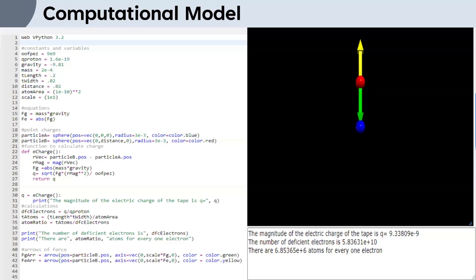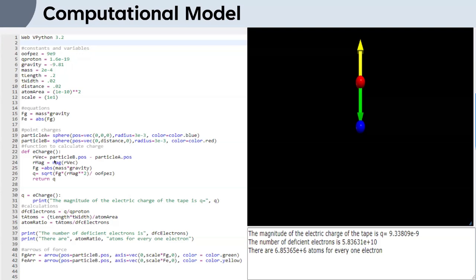Moving on to the computational model, I first defined my variables, and then I set the force of gravity equal to mass times gravity, and I set the electric force equal to the force of gravity, the magnitude of it specifically. I then coded the locations of particle A and particle B and plotted them as spheres.